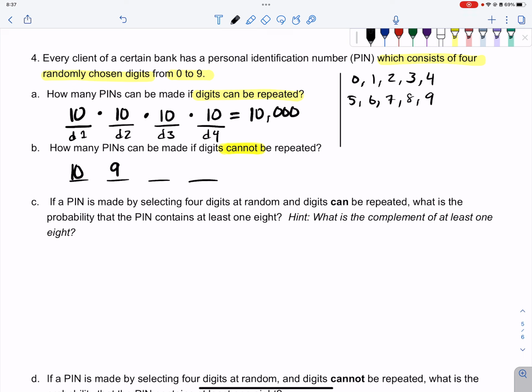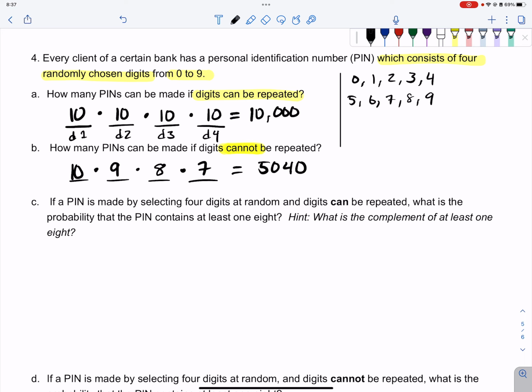So we're now down to 9. And now out of those 9, one of them was used for that second digit. So the third one only has 8. And now one of those 8 was used for that third digit. So the fourth one only has 7. And now we can multiply those together to get our number of PINs when the digits cannot be repeated to give us 5,040.